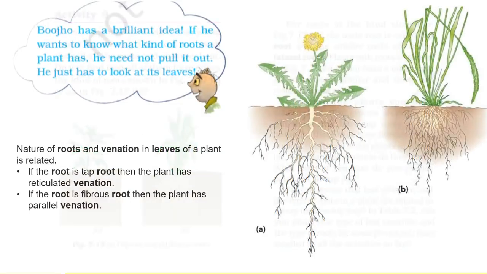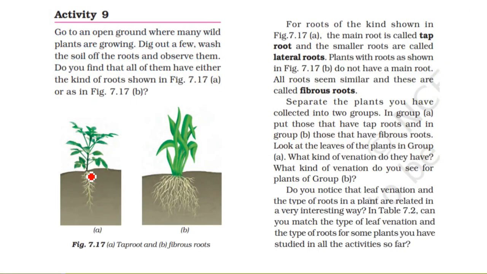Here you can observe that there is one main thread-like structure and it has branches. The main thread-like structure is your taproot, and its branches or sub branches are called lateral roots.